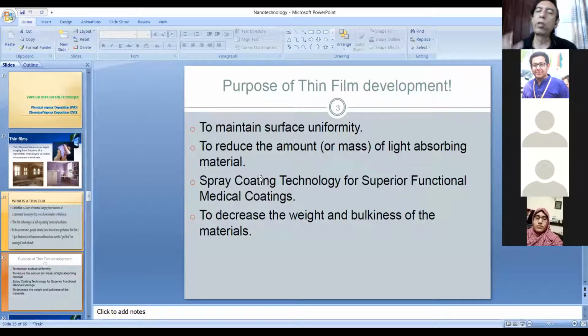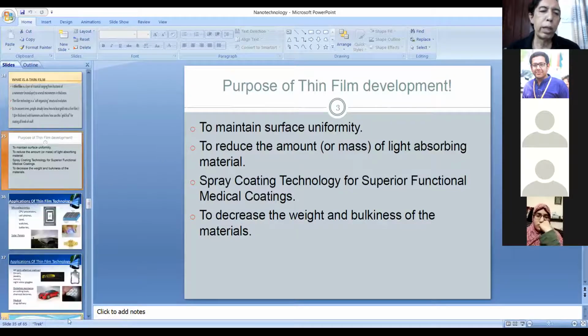So to reduce the light absorbing substance, you can also use the thin film. To decrease the weight and bulkiness of the material, if you use the thin film, then the weight of the material is decreased. Now, there are some applications of the thin film.